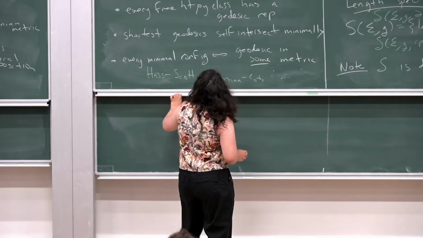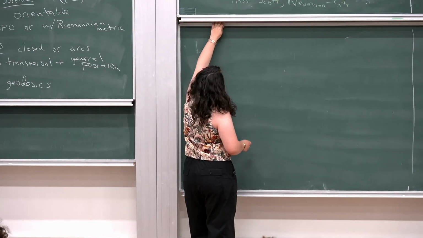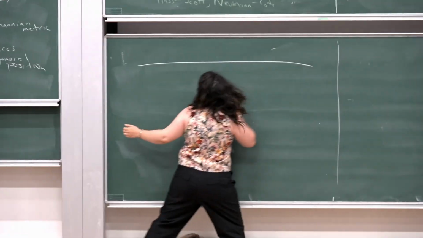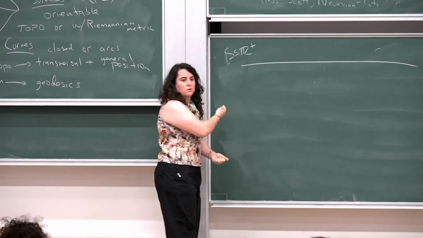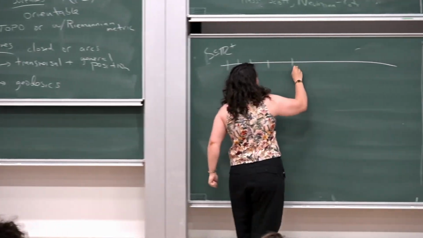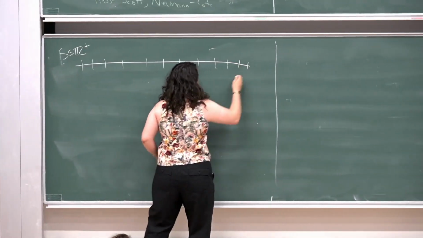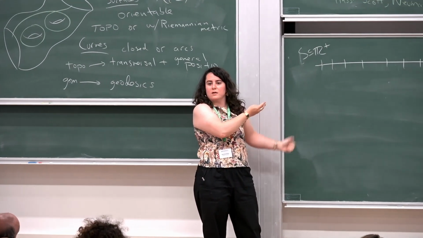Okay, so this is a set. It's naturally an ordered subset of the positive reals. So we have some points in the length spectrum. What can we know about this? What do we want to know about such a set? What is a natural question?